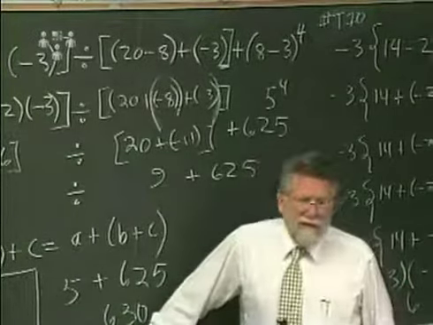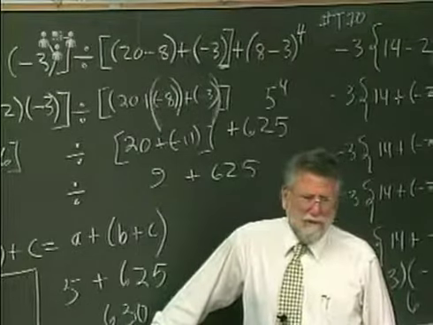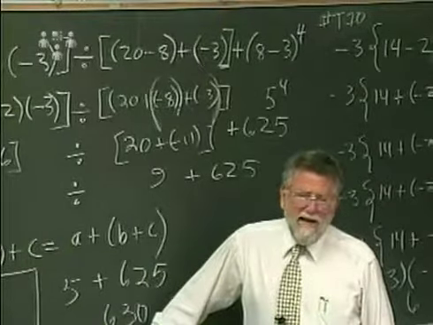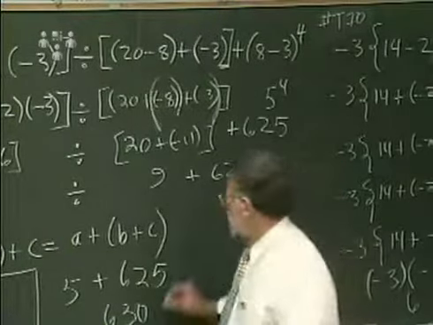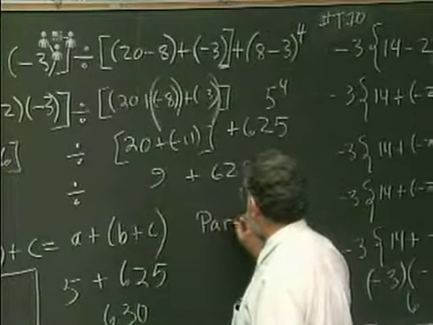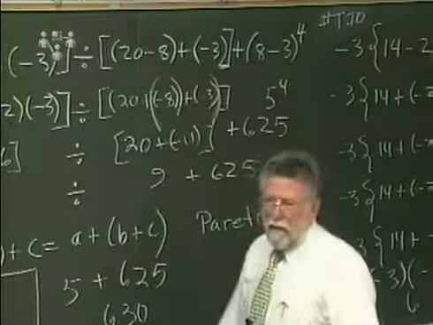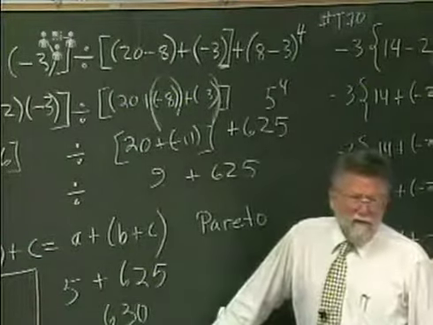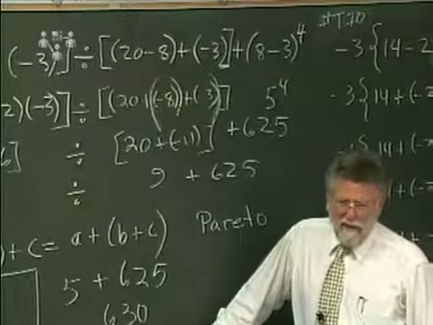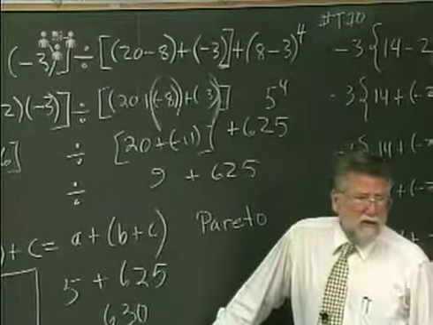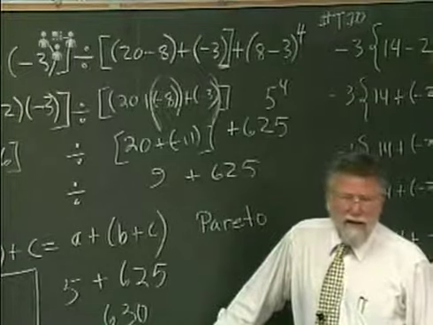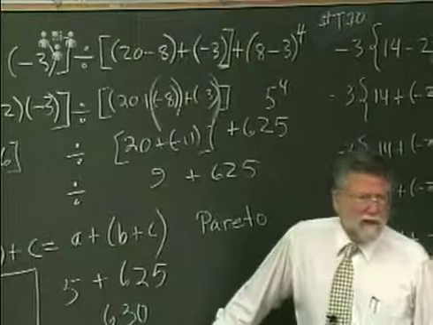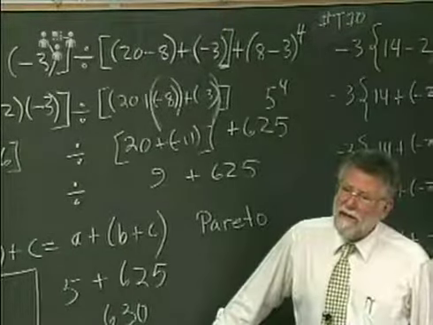Pareto's principle. Back to the 20-80 rule. What's the danger? Be forewarned. It says 20% of the fishermen catch 80% of the fish. 20% of the production process is responsible for 80% of the defectives that you have in a production process. 1 out of 5.